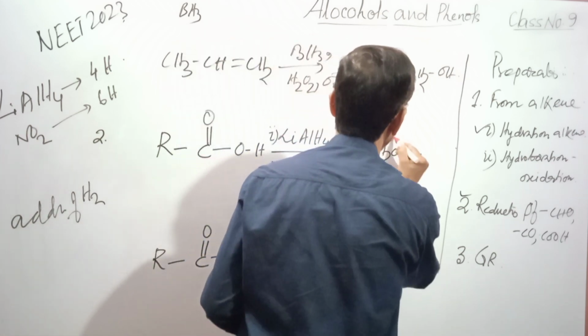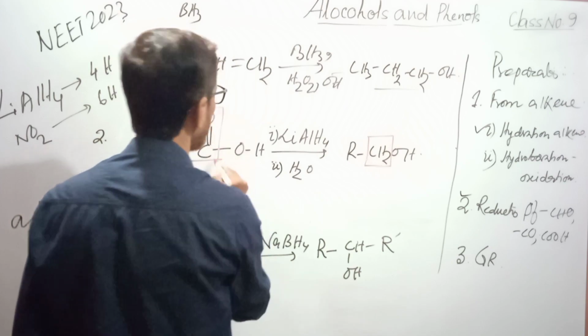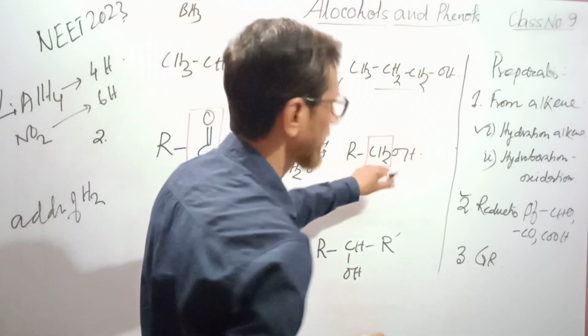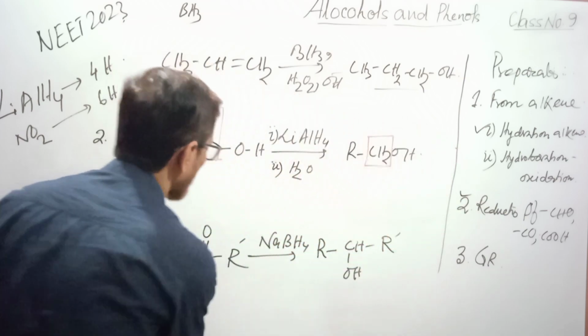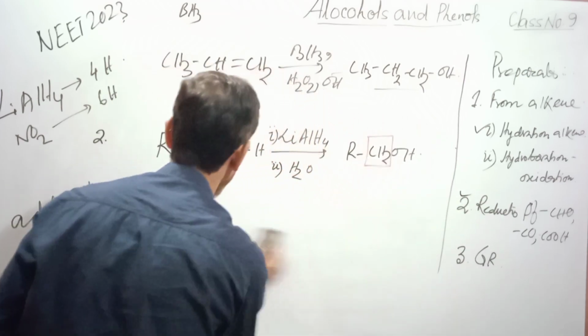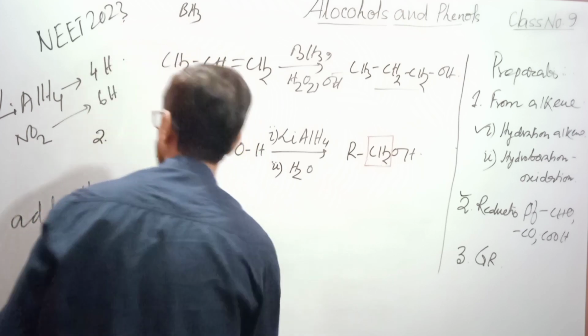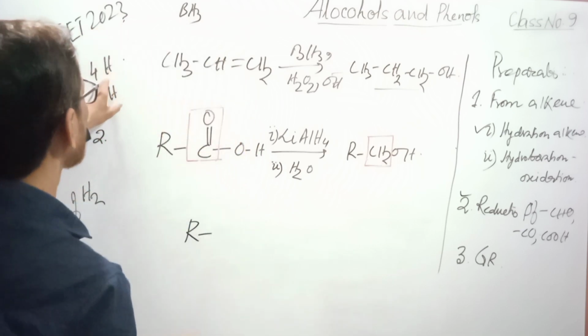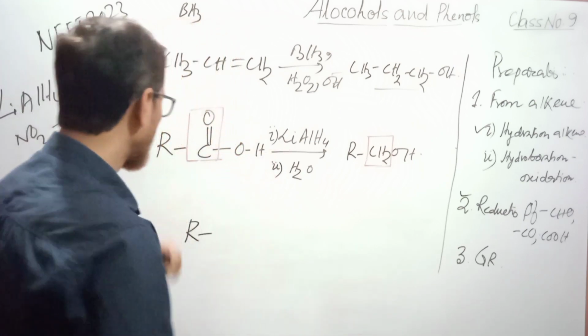Simple clue: the CO has been reduced to CH2. Now what is the justification? Not mechanism, just justification. Lithium aluminum hydride will add 4 hydrogen. Reduction means addition of hydrogen, and here we are adding 4 hydrogen.